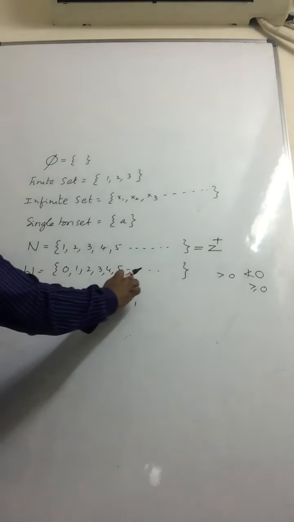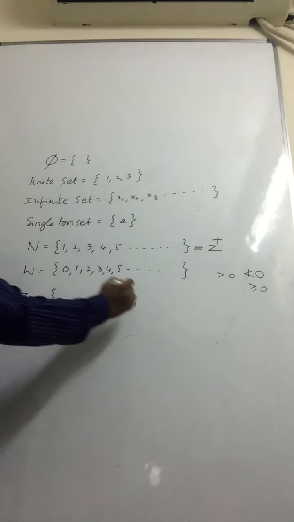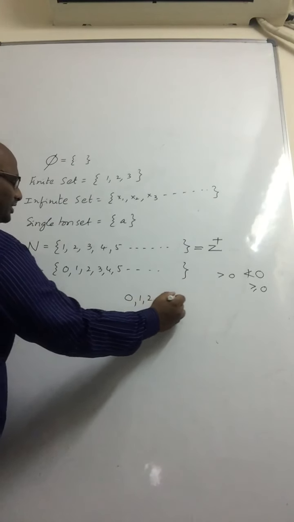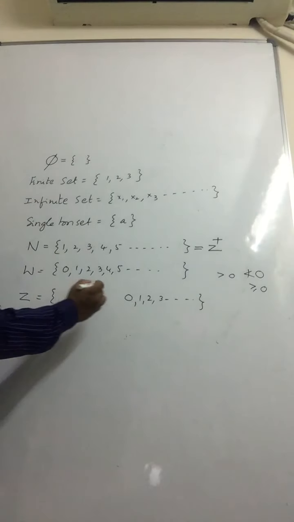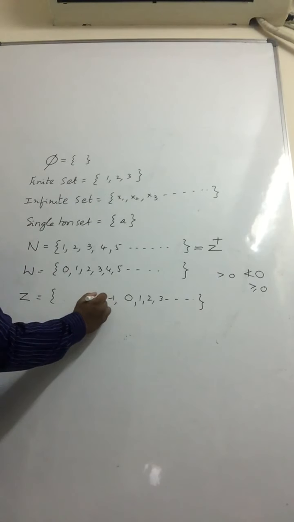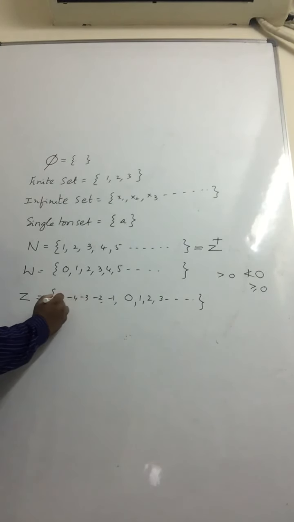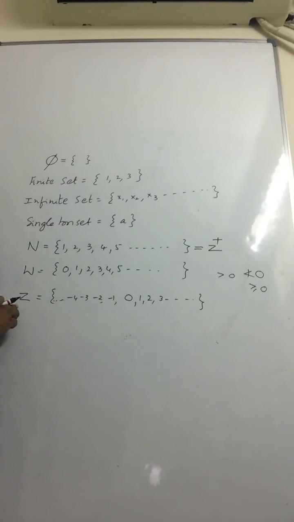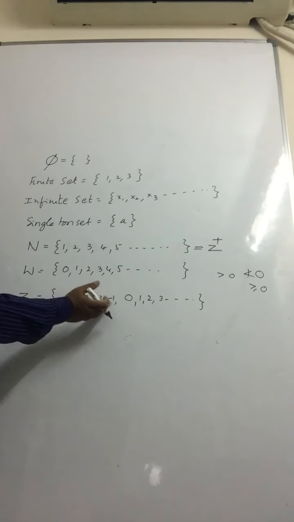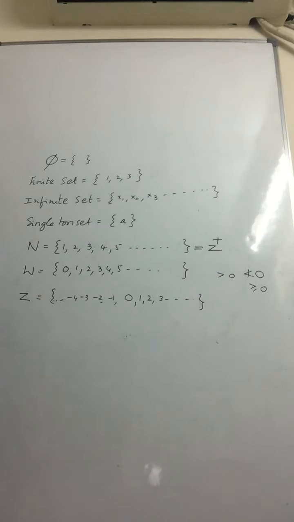So these are non-negative integers: 0, 1, 2, 3. I am adding negative numbers, negative integers. So integers means positive integers, negative integers. 0 is neither positive nor negative.